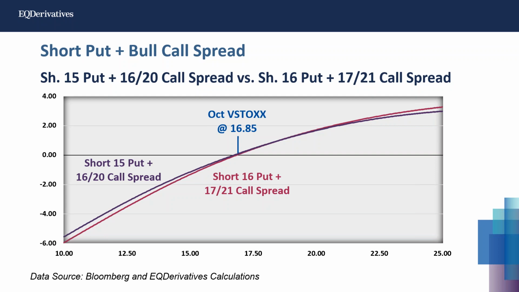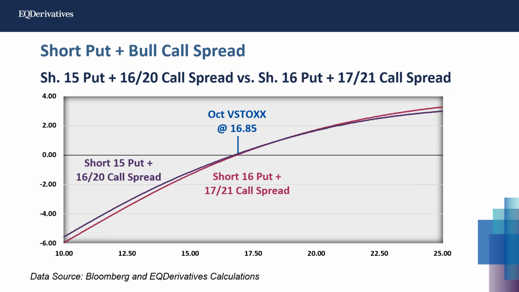That is just a function of the short 15 put or the short 16 put, depending on what route you go. The downside is a little more dramatic for the 16-17-21 spread as opposed to the 15-16-20 spread, because the short put in the bottom spread is closer to at the money.